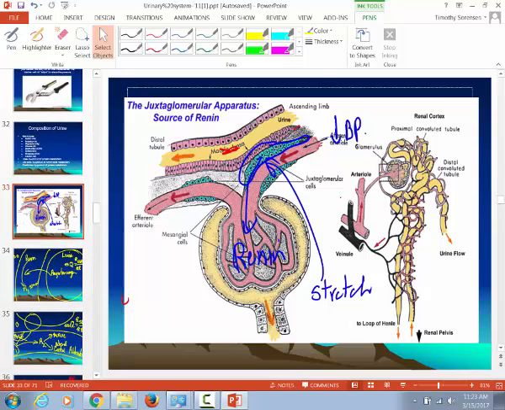The afferent arteriole. Here we go. This is a blown up version of the juxtaglomerular apparatus. I'm going to simplify it for you. Say yes. Okay.